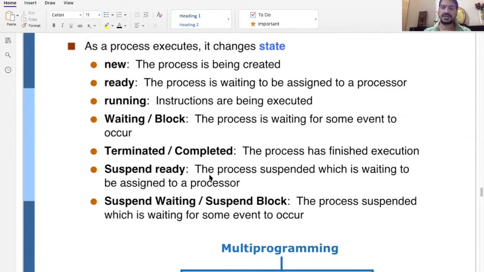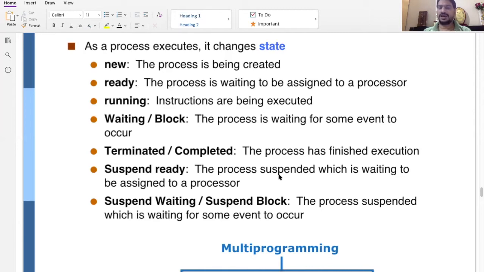Suspend ready is when there is a process and, let's say, n number of processes can be accommodated in the RAM. My system is a multi-processing system where I can process multiple processes. But let's say the limit of my RAM, which is my main memory, is 100 processes, and there are 100 processes at a time.